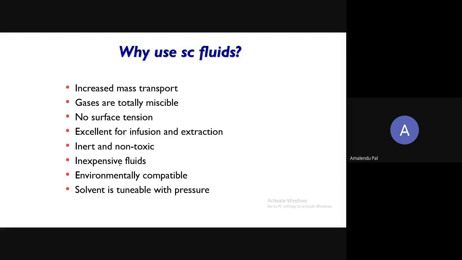And an inexpensive fluid, of course, environmentally compatible, and the solvent is tunable with pressure. You can change the pressure, and the solvent properties can change. So these are the characteristics of the solvent. Most of the characteristics are good, so we can use supercritical fluid as a green solvent, but preparation is not so easy. It is a tedious one.